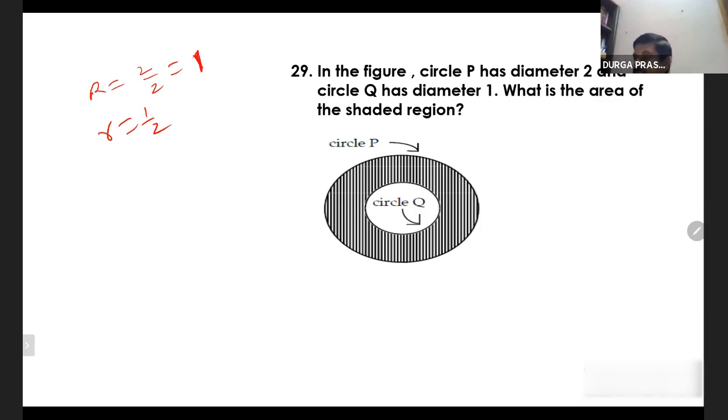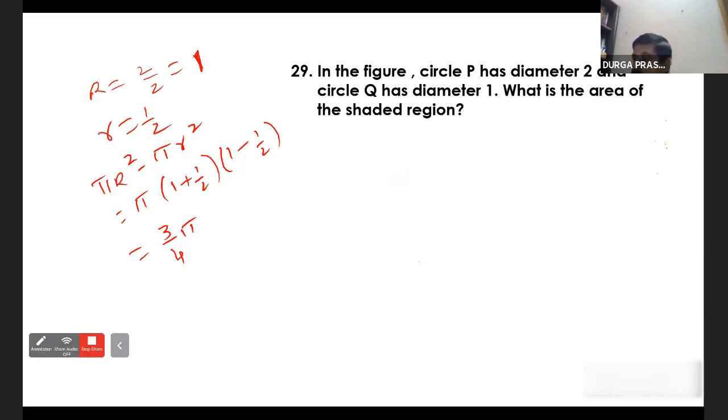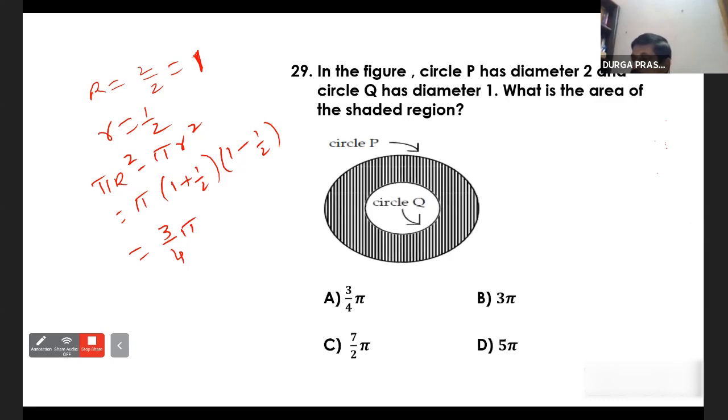Outer area minus inner area. Pi into capital R plus small r into capital R minus small r. 3 by 2 into half. 3 by 4 pi. So option A.